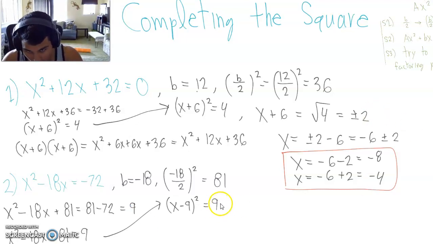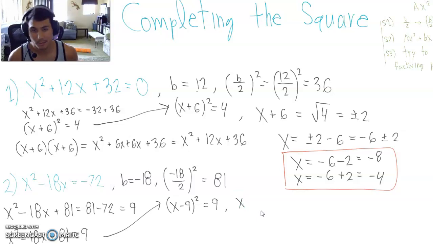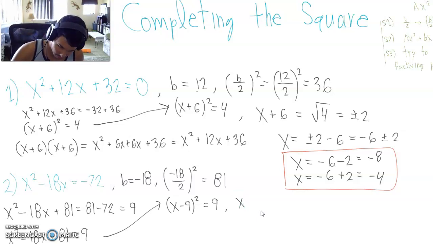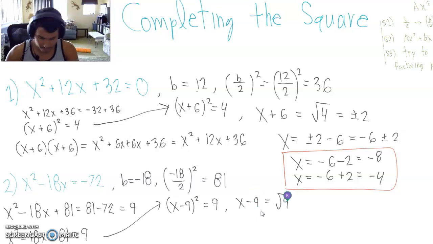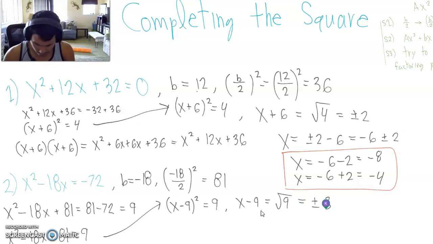So x minus 9 squared equals 9, right? And so we want to solve for x again. Well, if we get rid of that square at the top by square rooting both sides, x minus 9 is equal to the square root of 9, which, remember, it's not just 3, it's plus or minus 3.